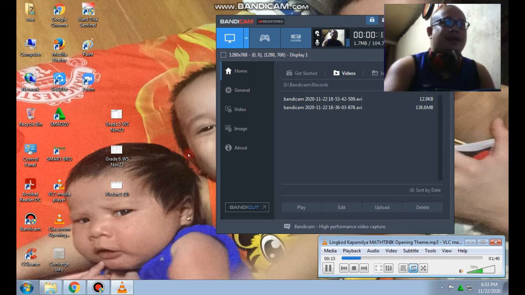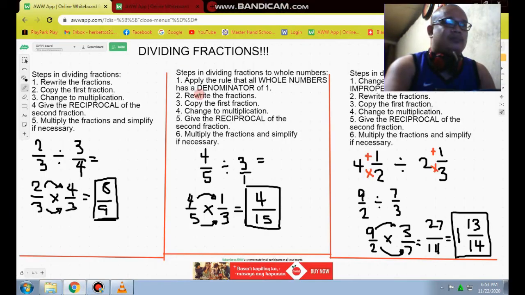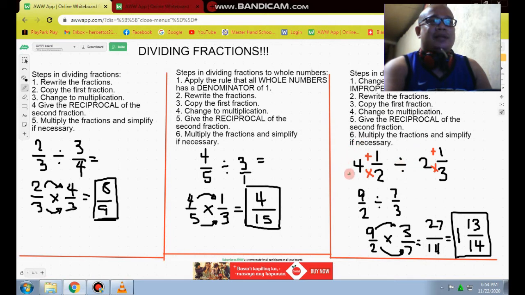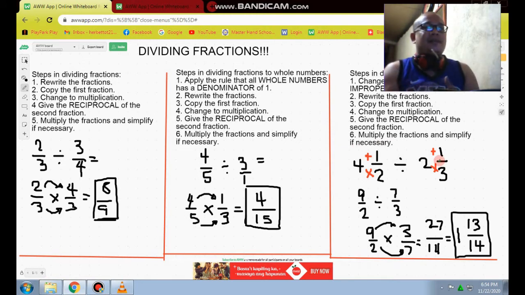Okay, so go back in our dividing fractions. Ayan. So again, dito sa ating third example class, no? So for example, if the given is a mixed number and a fraction, yung i-change nyo lang into improper fraction lagi, syempre yung mixed number.